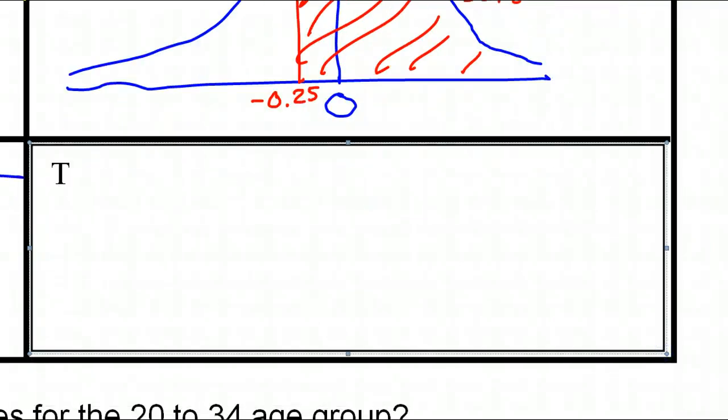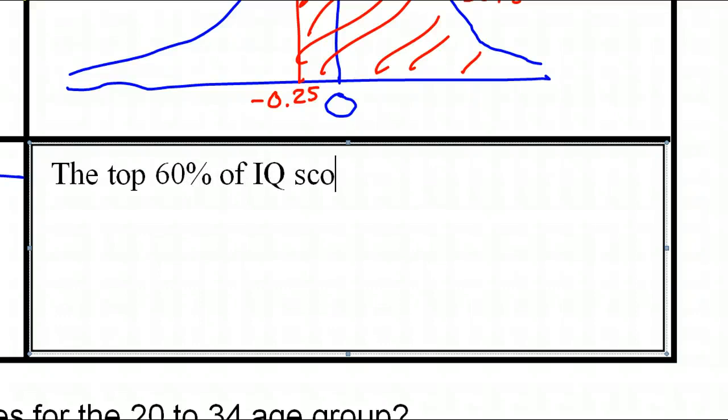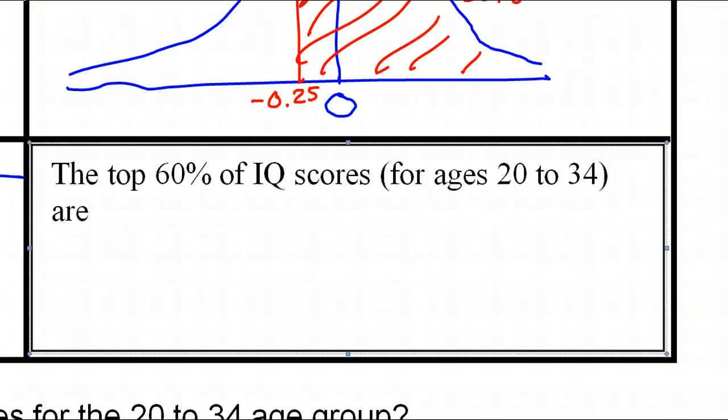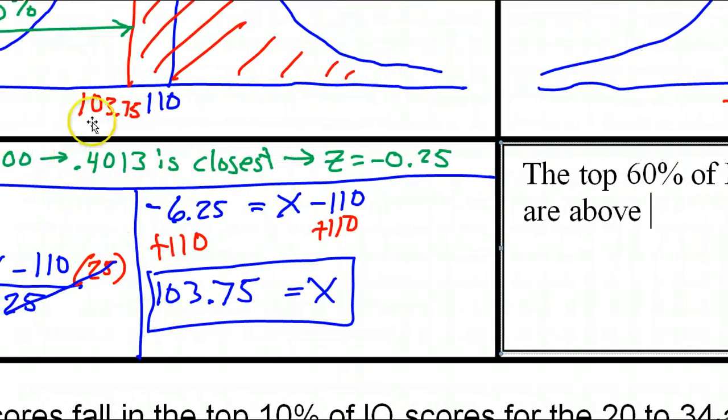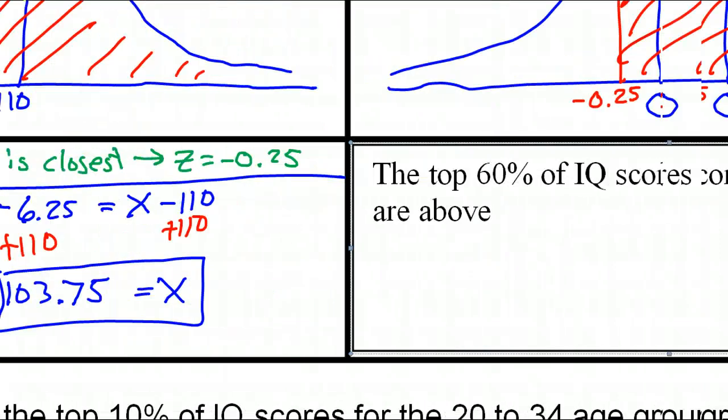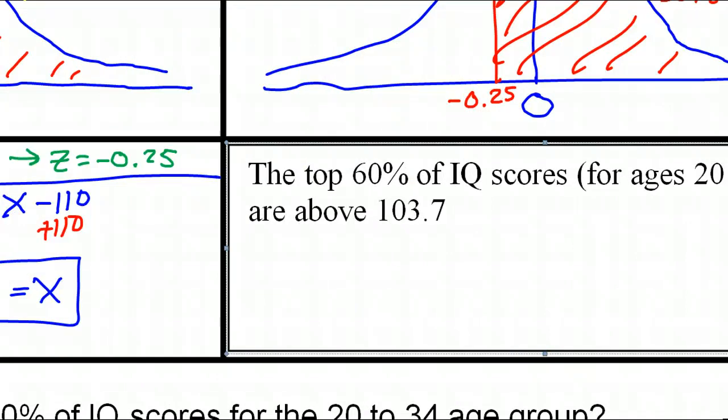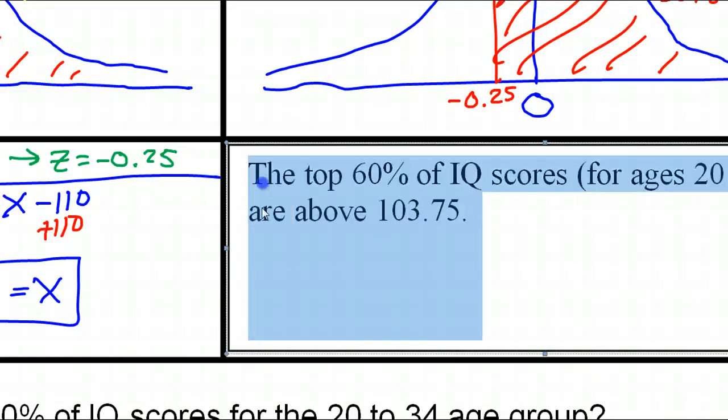So we will write the top 60% of IQ scores, and let's mention the age, for ages 20 to 34, are above, what was it again? Above 103.75. And that is how you do that.